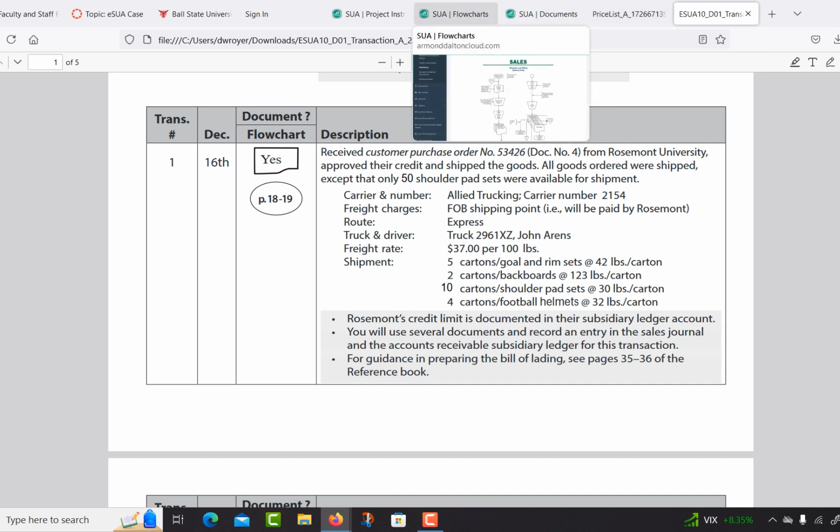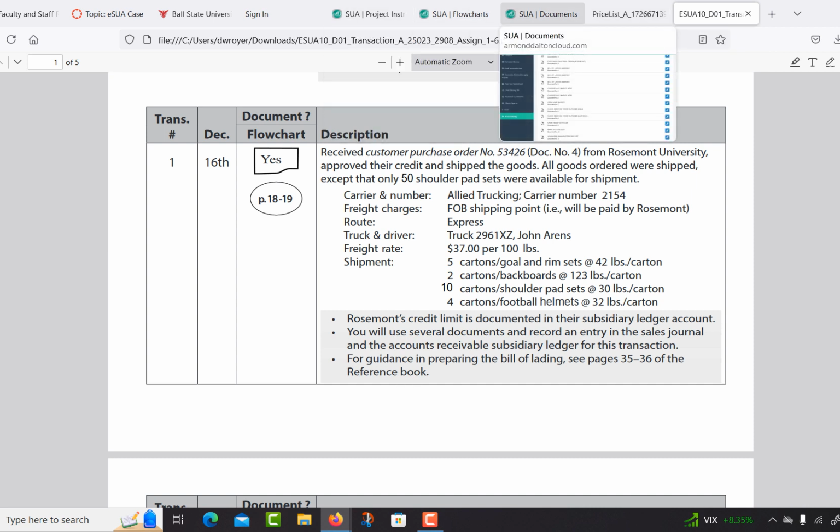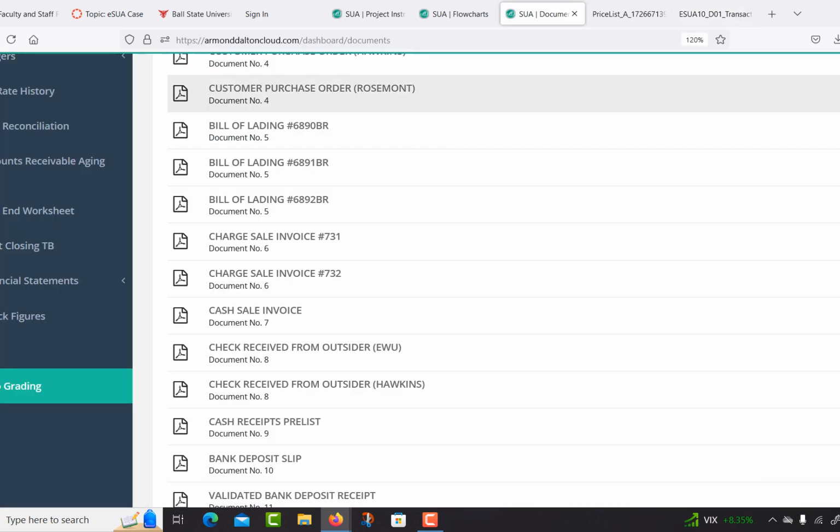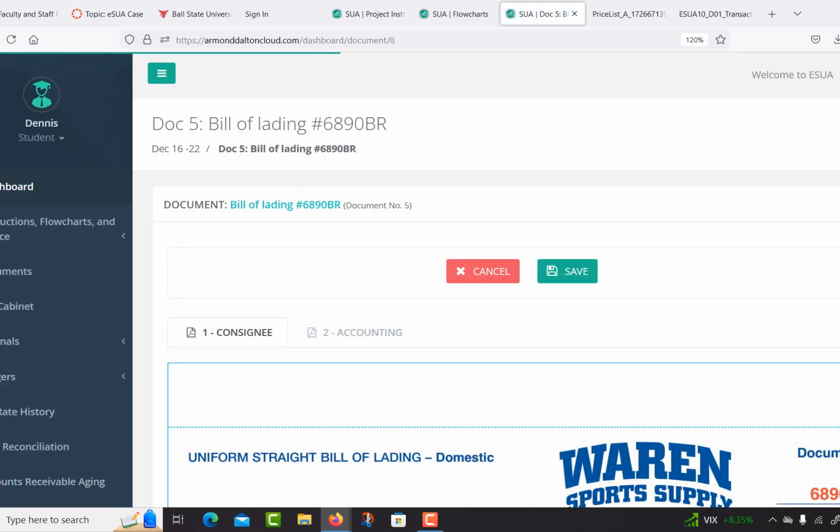So the way that translates means that we are going to go back to the bill of lading, and in this case I had that in a different window, didn't I?